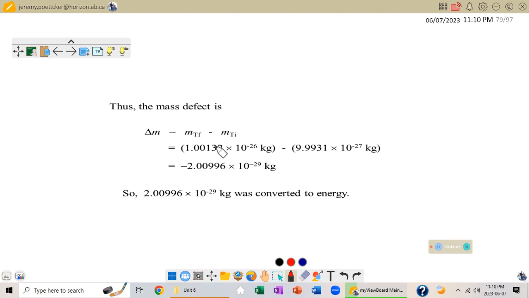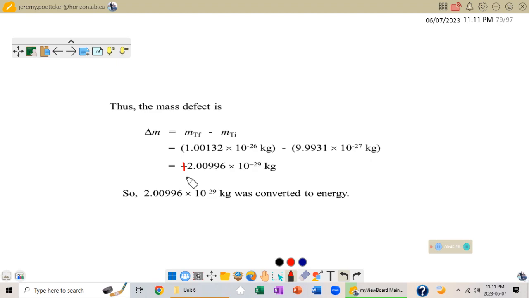And punching that into your calculator, I'm just double checking my math here. I am going to see this is not going to have a negative in front of it. It will be positive.